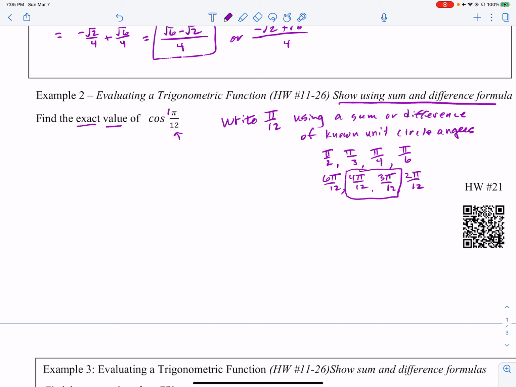So there are choices. So cosine of pi 12ths is the same as cosine, and I'm going to need parentheses, of pi thirds minus pi fourths, because that would be 4 pi 12ths minus 3 pi 12ths, which is 1 pi 12th.